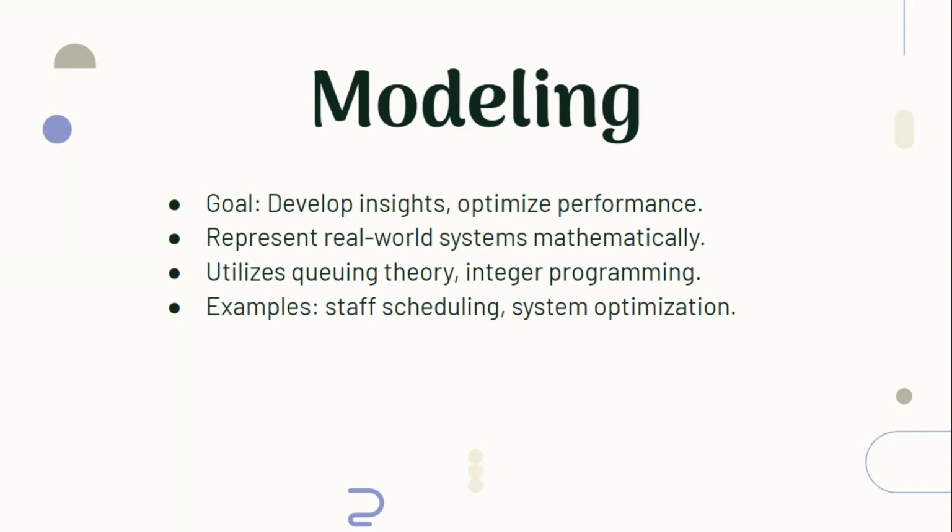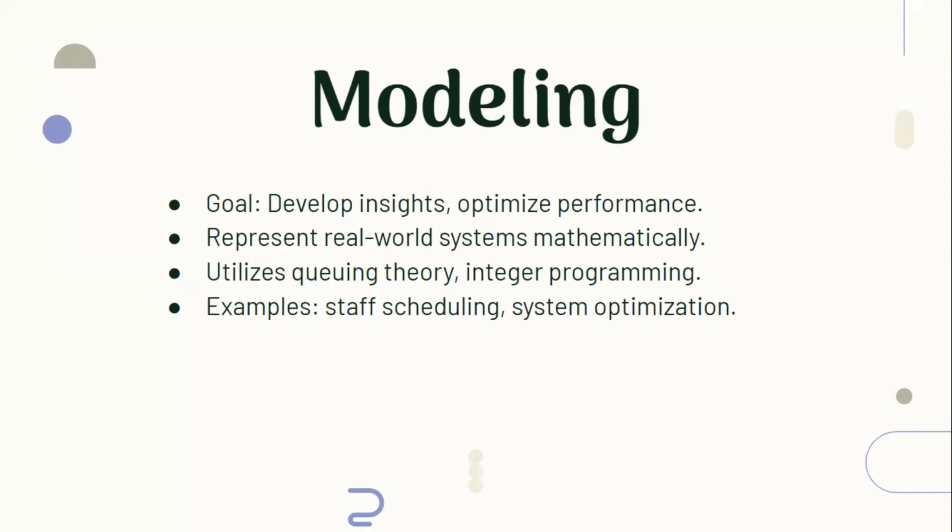Common modeling techniques in OR are linear programming, integer programming, network optimization, queuing theory, and dynamic programming. Models in OR provide valuable insights into decision problems, enabling organizations to make better, informed decisions and achieve their objectives efficiently. An example of this is staff scheduling.